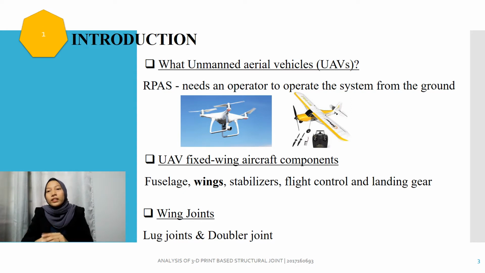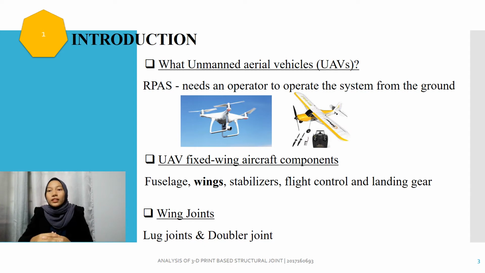The UAV which widely used nowadays has the function for remote sensing, transport, search and rescue, armed attack, and also for research. The UAV has two types of wings, which are rotary wings and fixed wing.